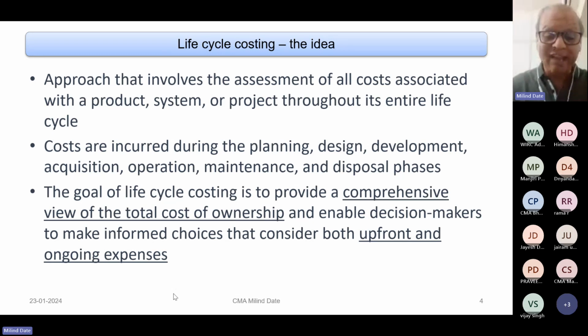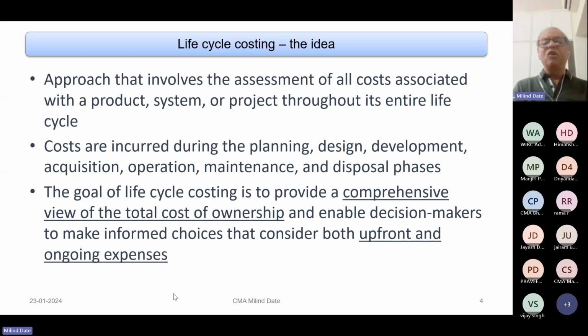But still, if you can elongate or maximize the length of the life cycle itself, which is not really possible in today's competitive market, plus, of course, the rate at which the technology is changing itself. So that's how you should learn application of life cycle costing.